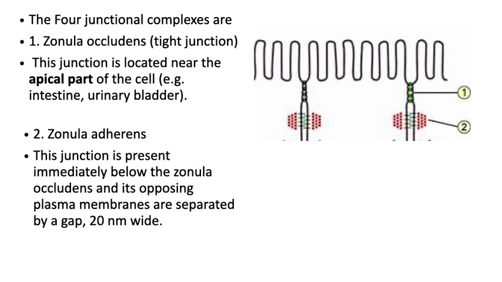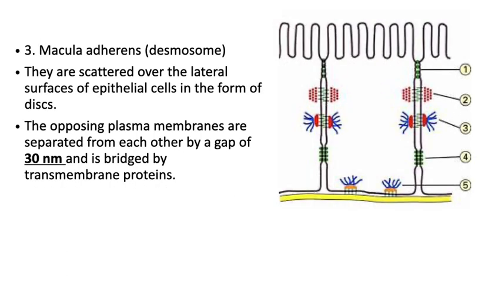This is again a junction which is present just below the zonula occludens. In this diagram you can see zonula occludens is tight, there is no gap in between. But here in zonula adherens there is a slight gap, that is 20 nm wide. Zonula adherens, it is adherent. It is said that here there are certain filaments which help in exchange.